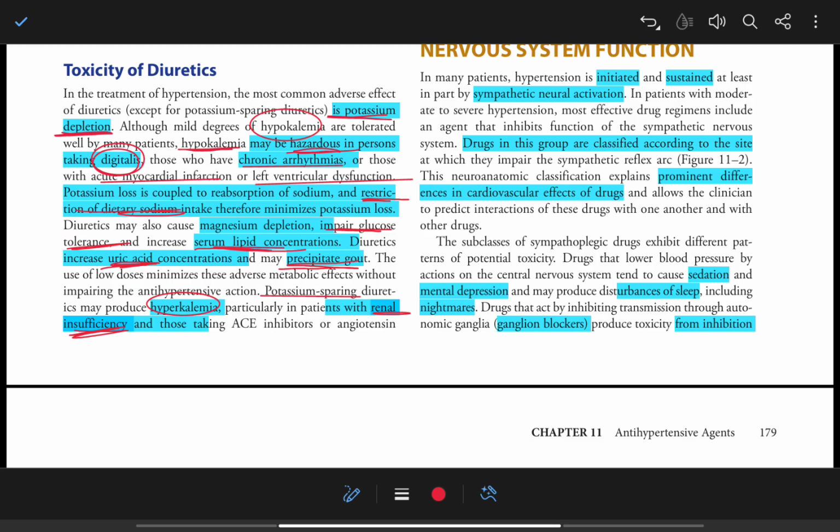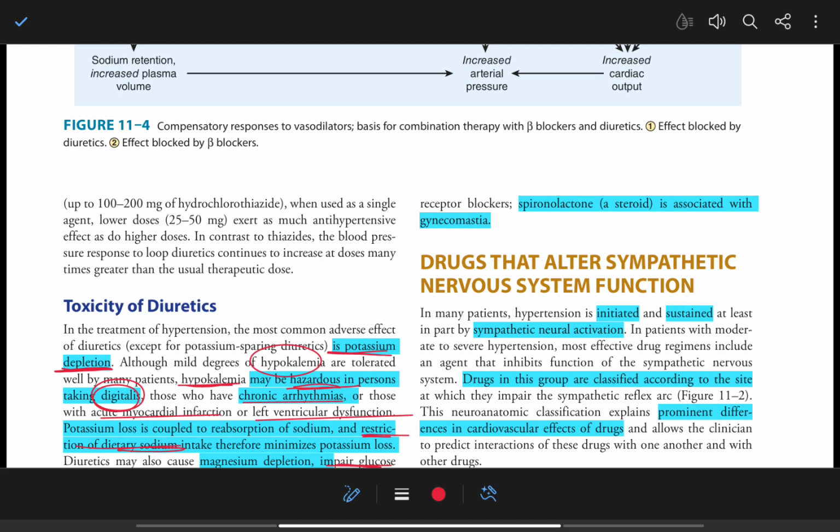Also, if a patient is on ACE inhibitors or ARBs, angiotensin receptor blockers, you should avoid giving them potassium sparing diuretics, because ACE inhibitors and ARBs already tend to increase your potassium level in the body. So combining them with potassium sparing diuretics like spironolactone will be disastrous. So that's one thing you take note of. Then lastly, spironolactone has been shown to have a gynecomastia effect. So this is everything about this section.